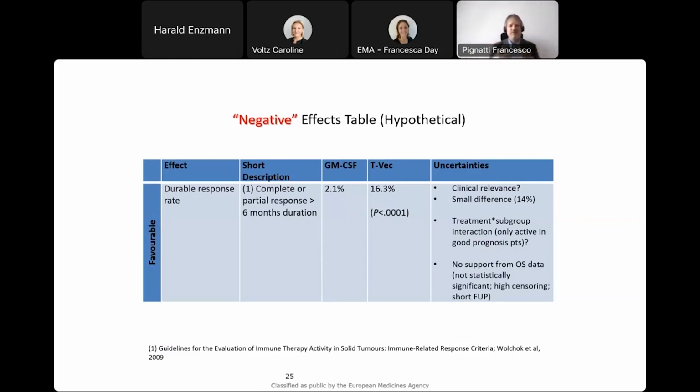The difference is really small. There are subgroups that don't really look very consistent. There is a need for support from other data, but we don't have that, and so on. So this would be a way from that same data to convey uncertainty and gaps in the evidence.